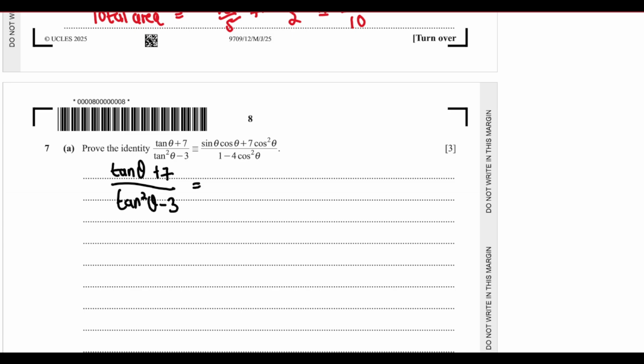You always check, where do you want to end up? You want to end up with something that has sine and cosine in it. Currently we have tan. How does tan connect to sine and cosine? Well, we know tan is equal to sin over cos. So let's substitute that in.